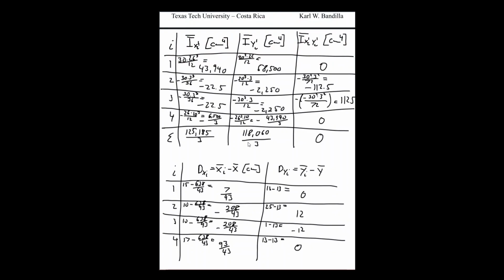It was 118,060 divided by 3 centimeters to the fourth, plus, now it's my dx, so this one here, minus 3,301.4, and that gives me 36,052 centimeters to the fourth.